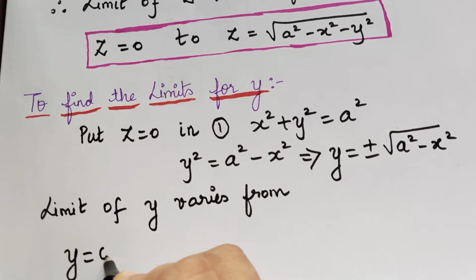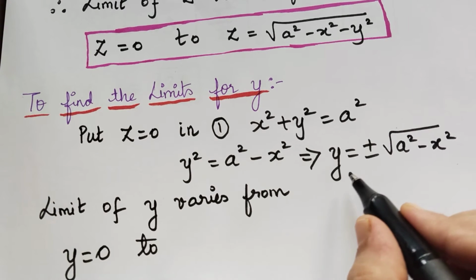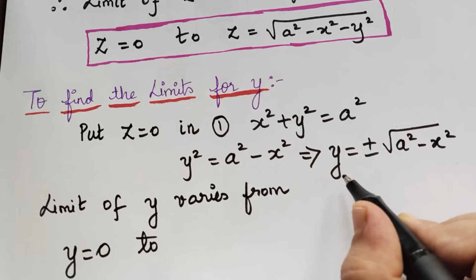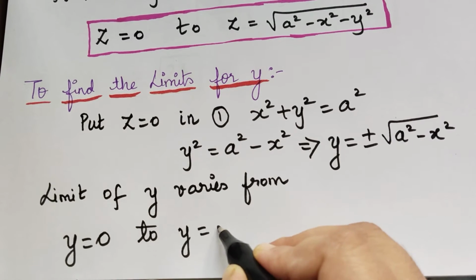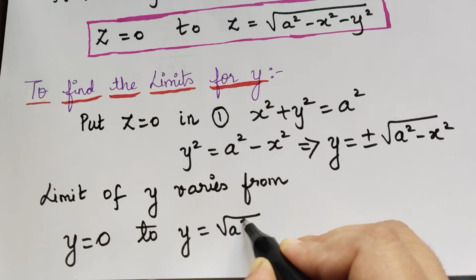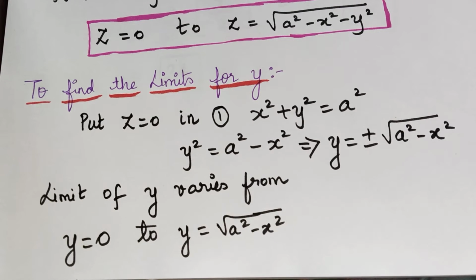Since we are considering only the positive octant, we will consider only the positive values and ignore the negative values. Therefore y will vary from 0 to y equal to square root of a square minus x square. So these are the limits for y.